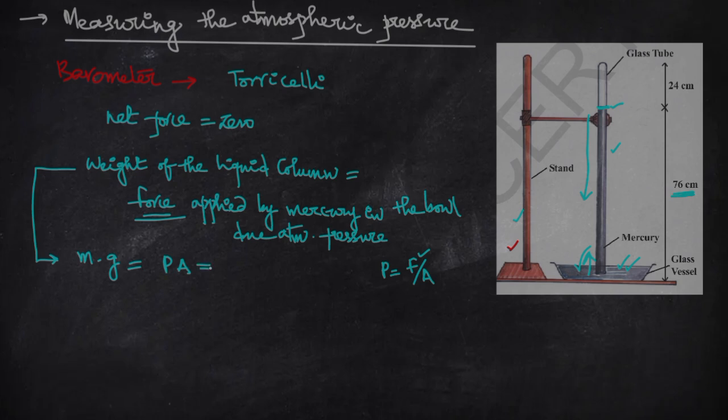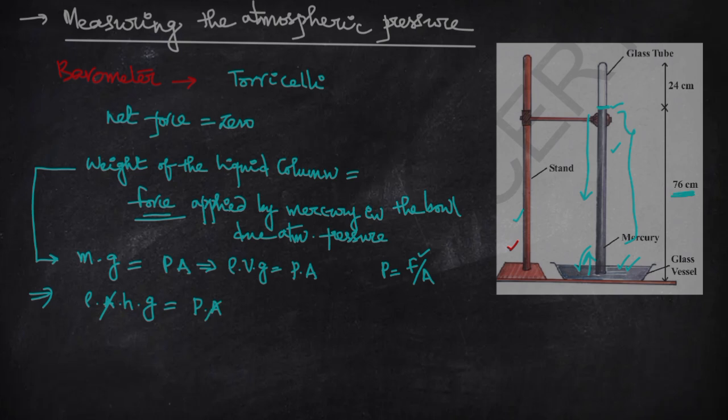This can be written as mass is equal to density into volume, into g, is equal to pressure into A. Again I can write rho, density, into volume. Volume is cross sectional area of the tube, which is A, into the height, because the weight is because of this 76 centimeters only, so this is h, into g is equal to atmospheric pressure into area of the tube.